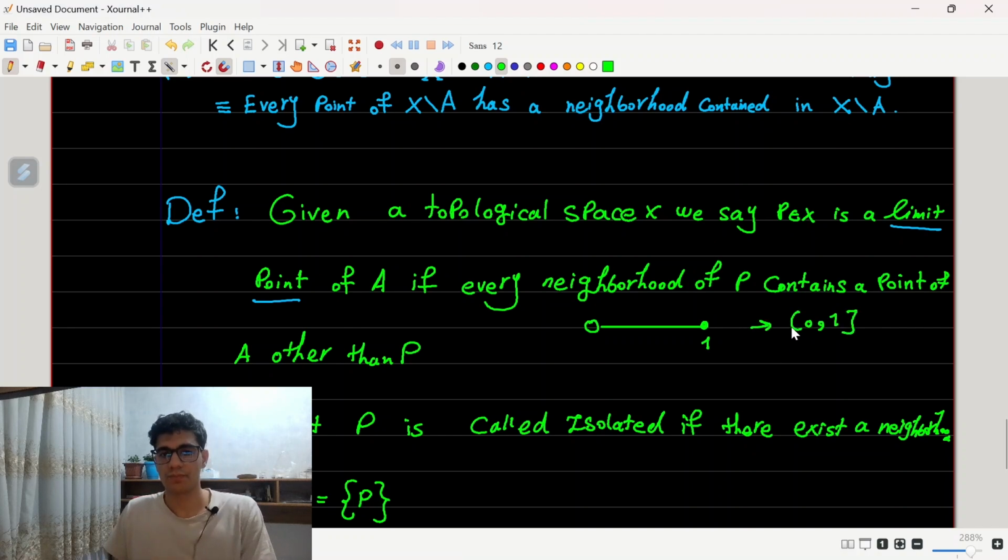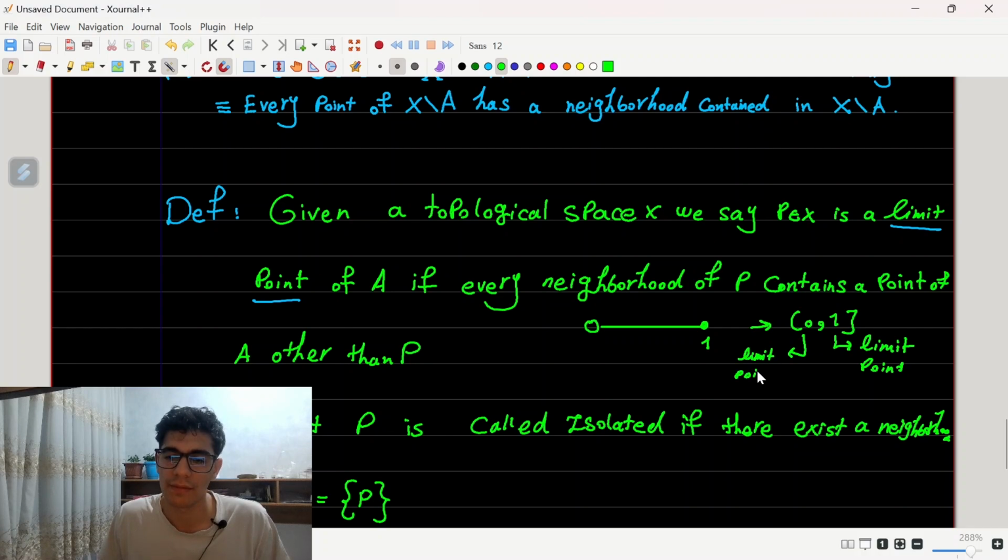Then 1 is a limit point, and 0 is also a limit point. And interestingly enough, all of the points in between are also limit points.